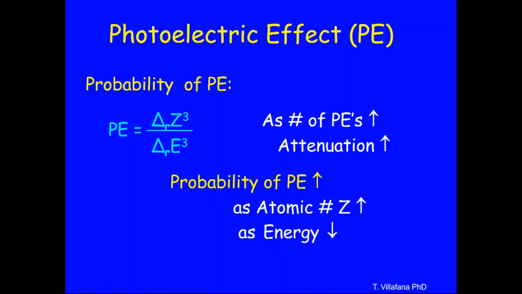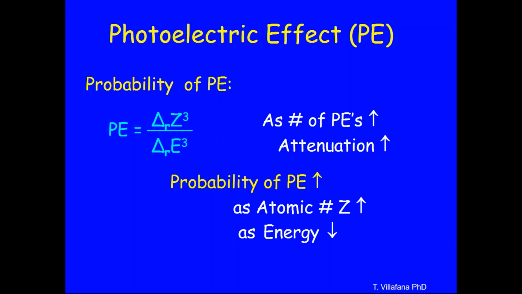But in terms of just the conclusion from this equation, the higher the Z, the greater the probability of photoelectrics. So if you have something like lead, then you have a very high probability of interactions because lead has such a high atomic number. If you have soft tissues, that has a very low atomic number.